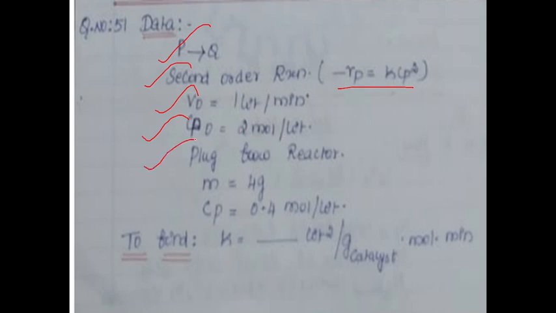The assumption is given: plug flow reactor, the packed bed reactor condition is plug flow. Mass of the catalyst is 4 gram, M value. The final concentration Cp is equal to 0.4 mole per liter. The objective of this question is to determine the second order rate constant, that is K, in liter square per gram mole minute.